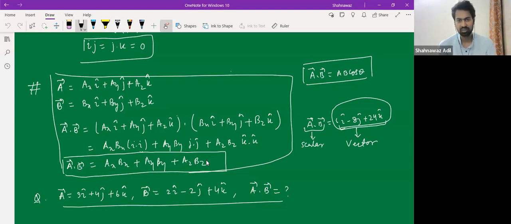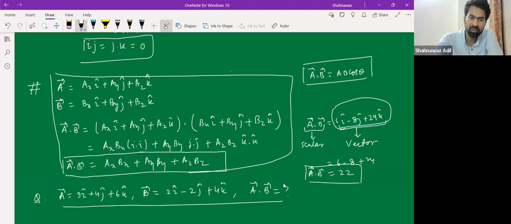We have 3i dot 2i, so 3 into 2, 6, i dot i, which is 6. Then 6 minus 8 plus 24, this is 30 minus 8, so 22. Yes, Rishita, correct. So this will be your answer. Understood, guys?